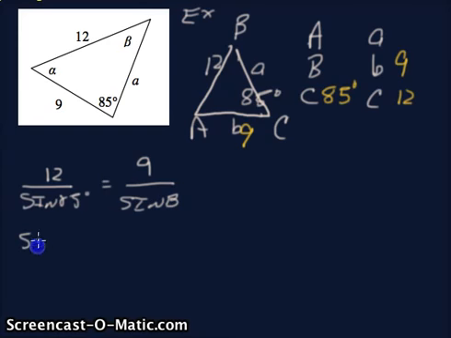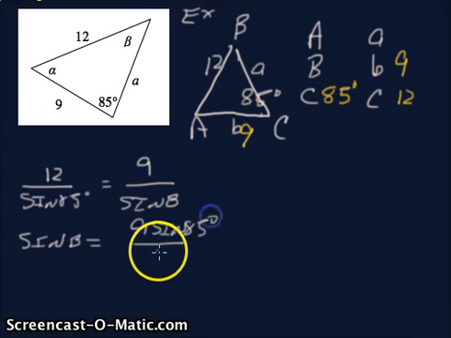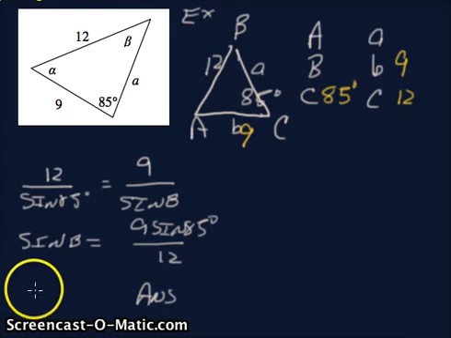Well, to solve for the sine of B, we're going to have to do 9 times the sine of 85 degrees over 12. But remember, whatever we get with our calculator, let's call that answer. That's just the sine of B. So to find B, we have to do inverse sine of the answer.